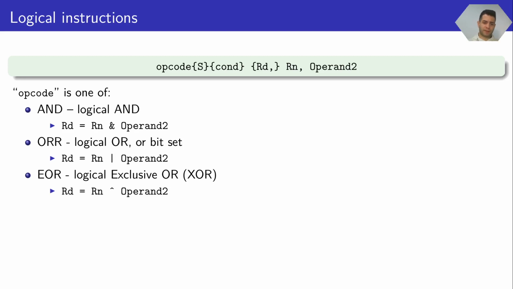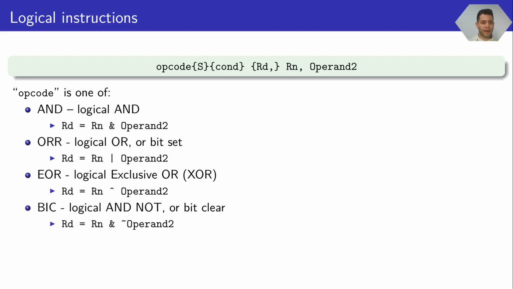Then we have the XOR, and then BIC, the logical AND NOT, which stands for bit clear. This is the opposite: all the bits that you set in operand 2 will be set to 0 in the destination register Rd. Take some numbers, take pen and paper and practice it. You will see in a few seconds what I mean.